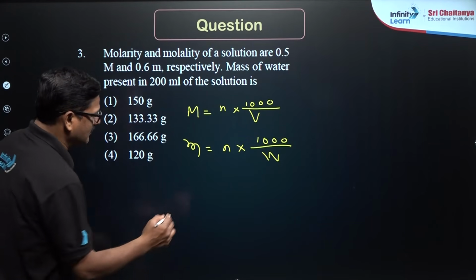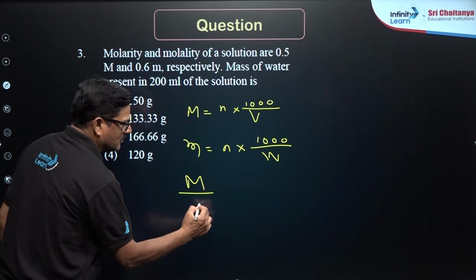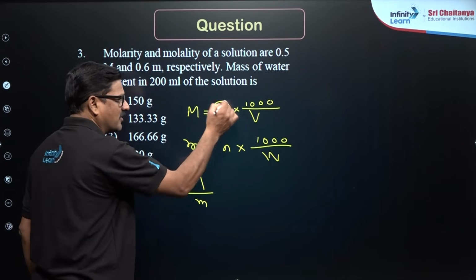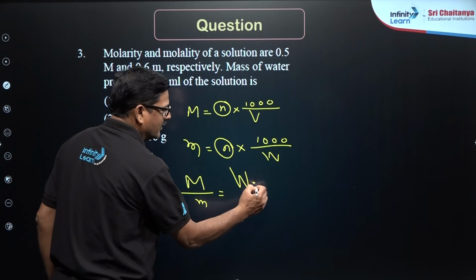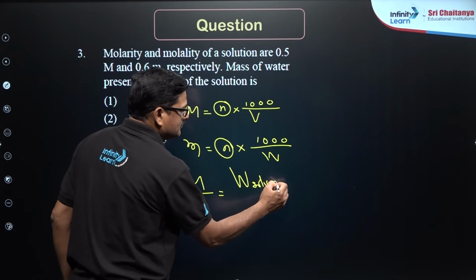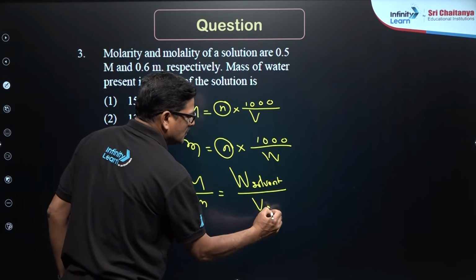So we can say molarity upon molality for the same solution, number of moles being constant, is equal to weight of the solvent upon volume of the solution.